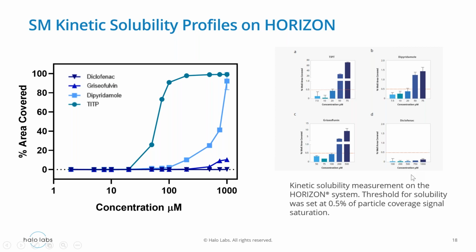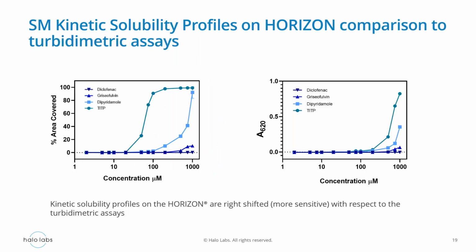But how does this compare with these more traditional subvisible methods of looking into the aggregation of these particles? So what I'm doing right here is I'm comparing now our data that we took with the Horizon instrument with the data that we obtained spectrophotometrically by a turbidimetric method.